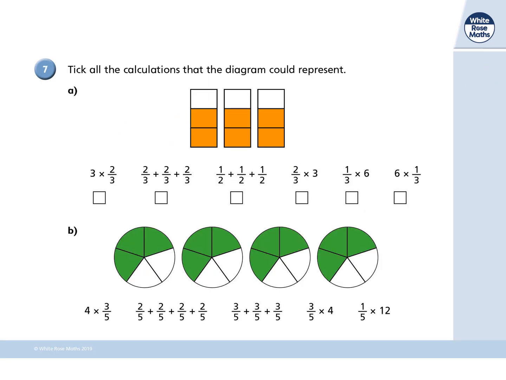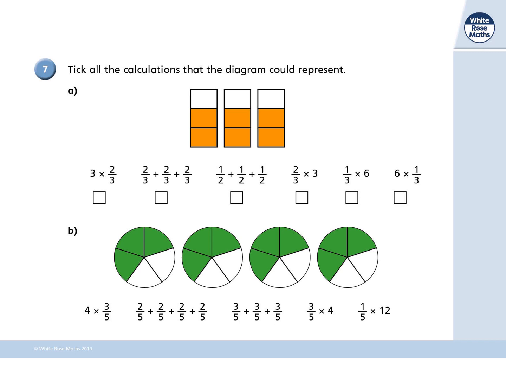Last but not least, we have this question for you before the end of the lesson, and you can go ahead and do some exercise. Okay, tick all the calculations that the diagram could represent. So this is 2 over 3 times 2, right? 2 over 3 times 3. Yes, correct.